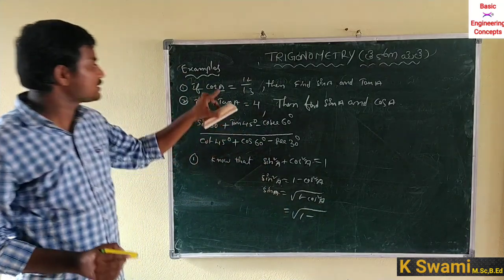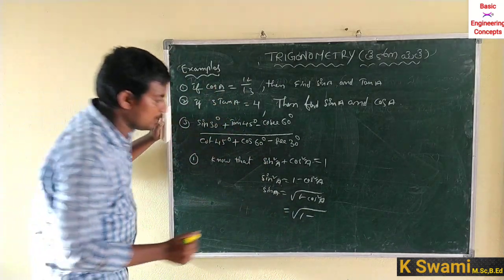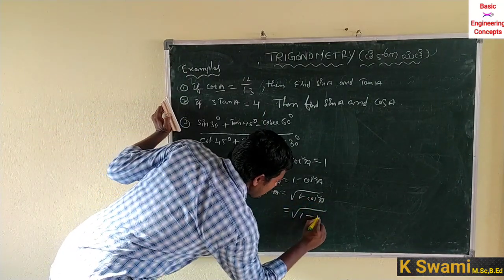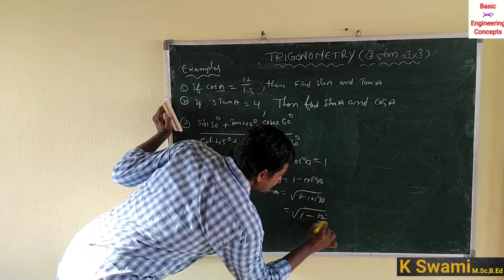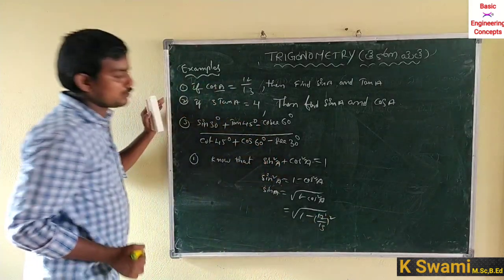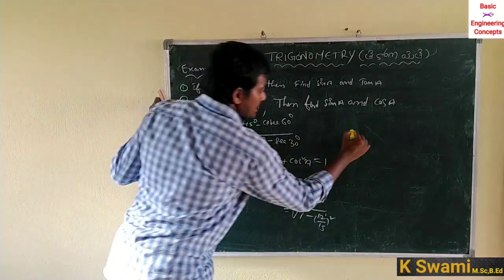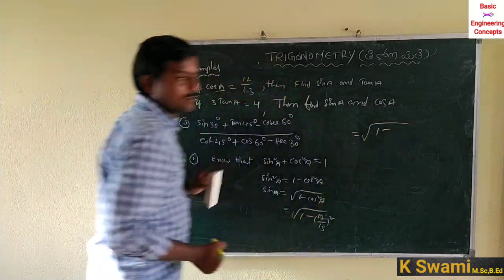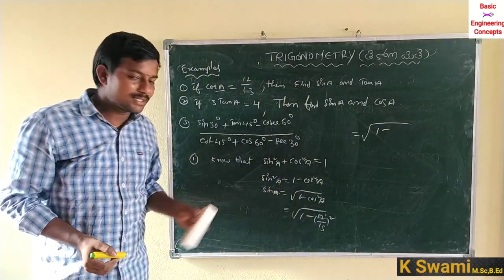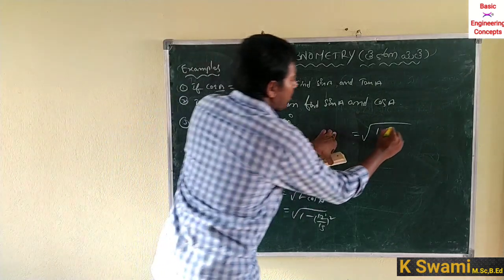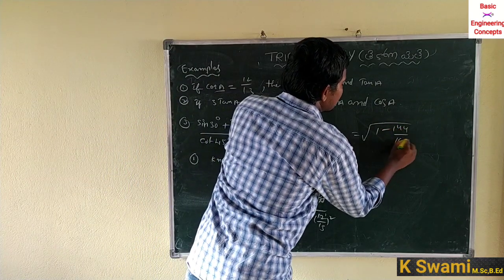Now cos A is equal to 12 by 13, so cos square A is equal to (12 by 13) whole square. So sin A is equal to square root of 1 minus 144 by 169.